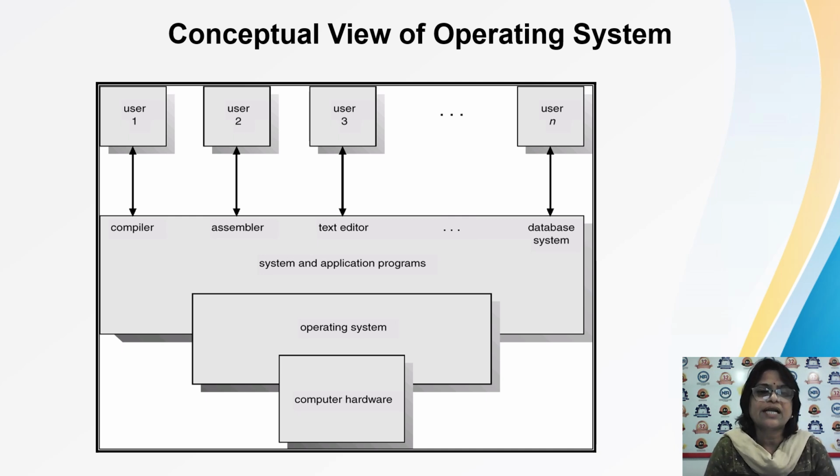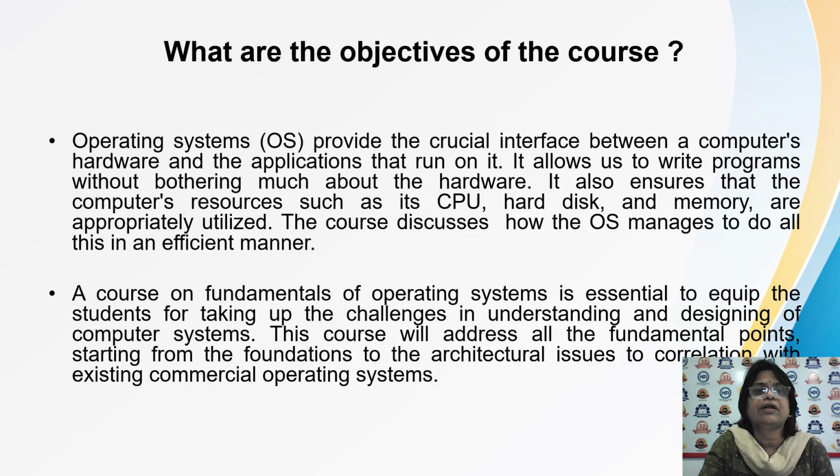A user interacts with the hardware through the operating system by writing several application programs. The operating system controls the use of the hardware among the various application programs for the various users. So it is the intermediary between the user of the computer and the computer hardware.